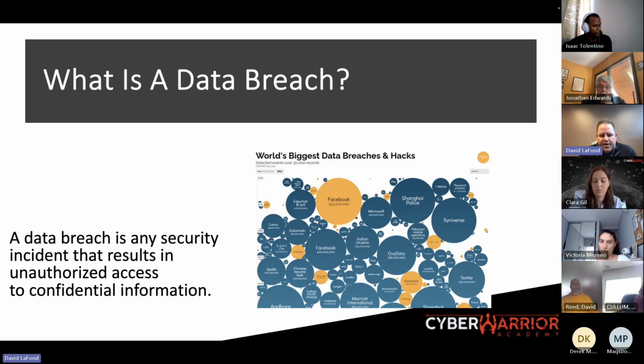That could be confidential in nature, it could be other types as well. But primarily a data breach is unauthorized access to private, confidential, or sensitive information. In this case, we could bundle it together and call it confidential.